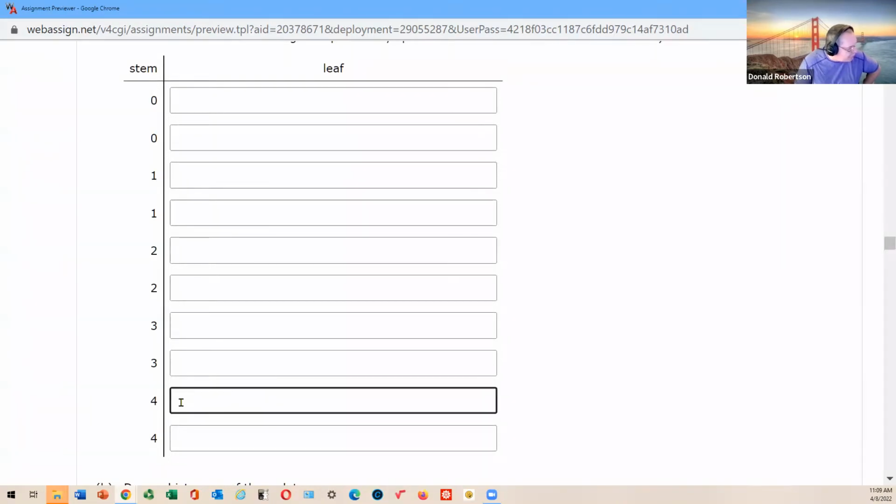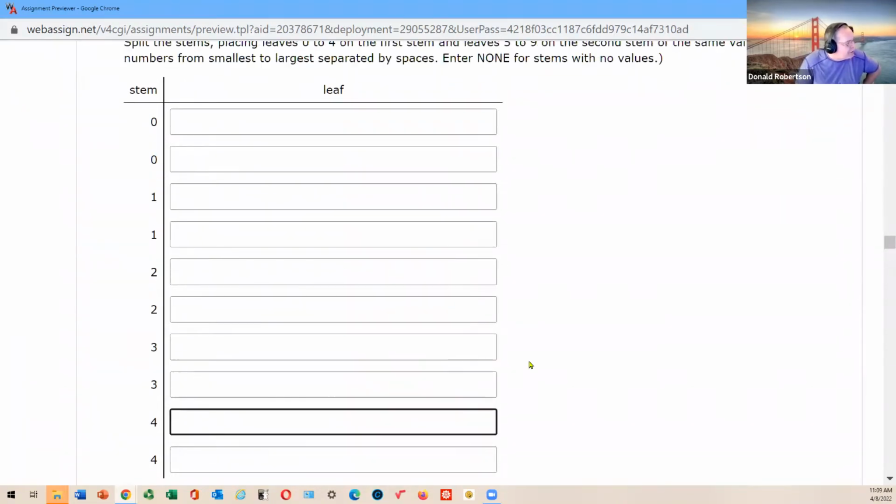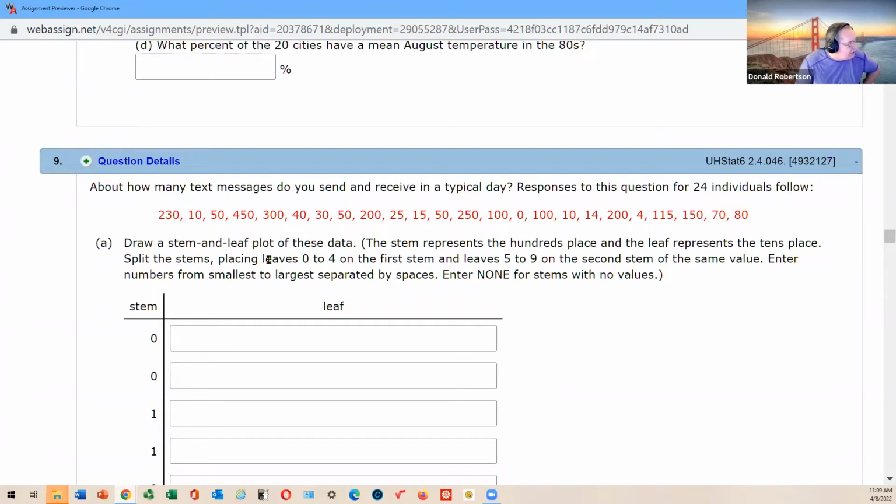And in these ones, you put all the numbers, and I think they explain it here, don't they? Yeah. All the numbers that are 0 to 4 go here, and all the numbers that are 5 to 9 go here, right?